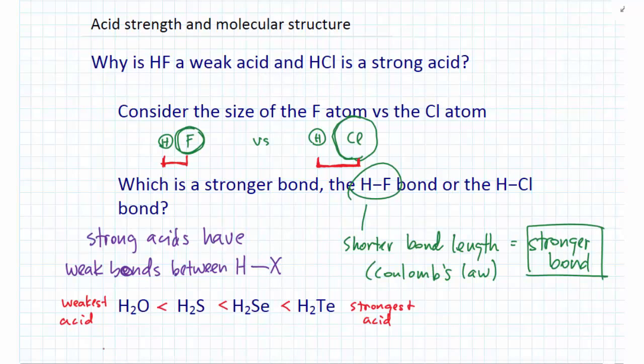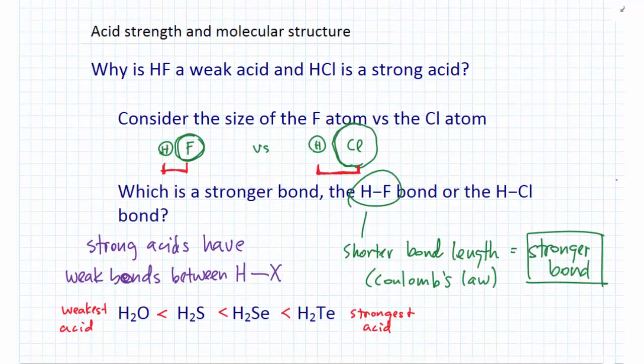But it's the opposite trend in bond strength to H, correct? Because the H-tellurium bond is much longer than the other ones there, for the same reason as we saw before. So bond length is the key determiner when looking down a column. The longer the bond is, the weaker it is, the more the H will just fall off.